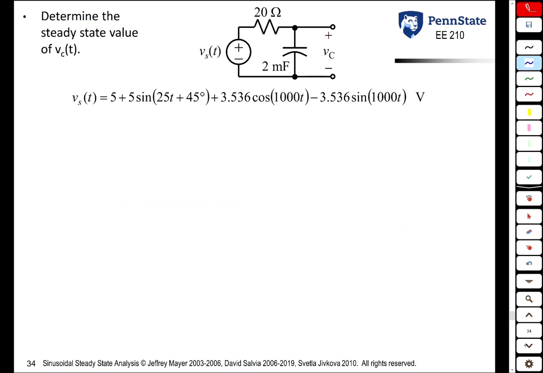So here we have a fairly simple circuit, one capacitor, one resistor, and one voltage source, but the voltage source itself consists of different frequencies. We have a DC component where omega is 0. We have another component where omega is 25 radians per second.